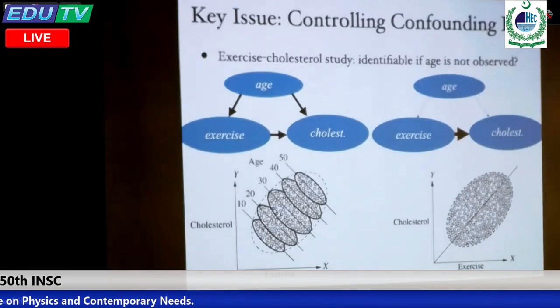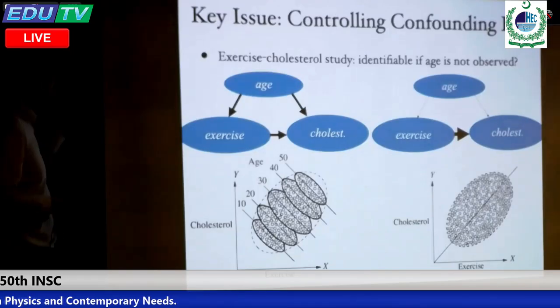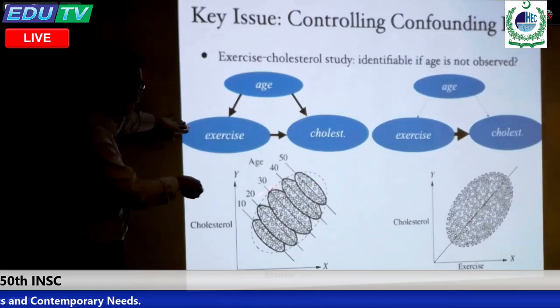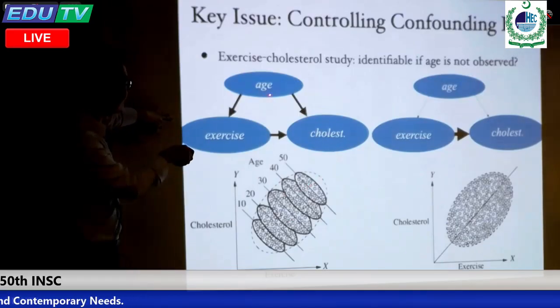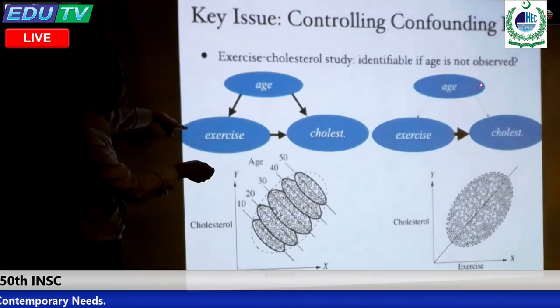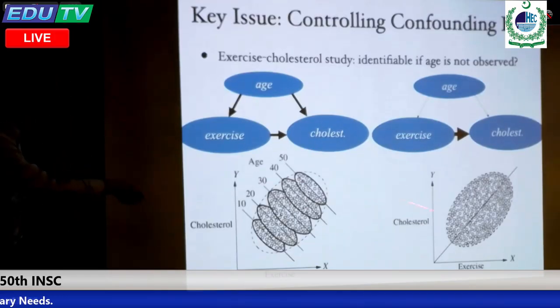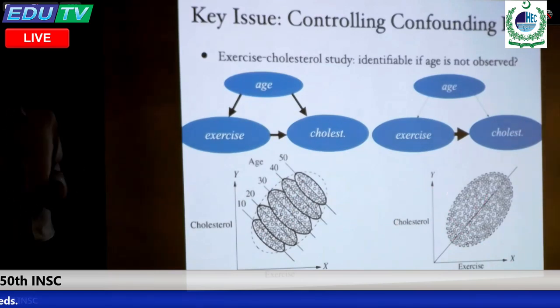Now let me give one model in which the causal effect is not identifiable. Suppose here, you can see this is a graphical representation: age, and cholesterol. Suppose age is not given. We don't observe age information. We only observe the cholesterol information, the distribution given here. Now you can see it's not identifiable. Why?